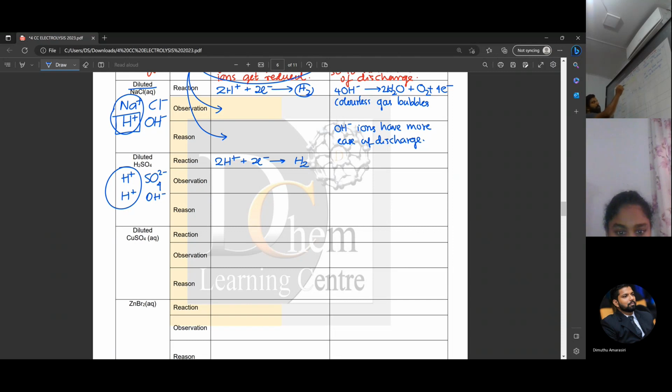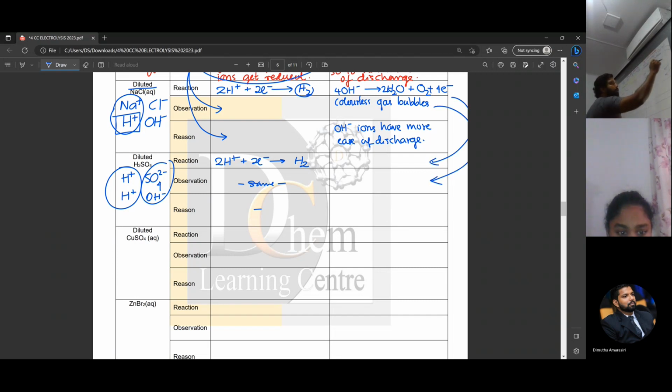So the colorless gas bubbles are the same, right? There is no reason. The same observation. You have only H plus ions. You can say H plus ions for each cathode. And sulfate ions and hydroxide ions, same scenario.